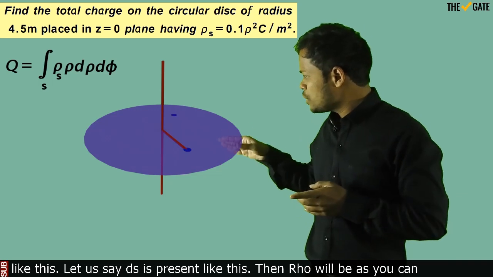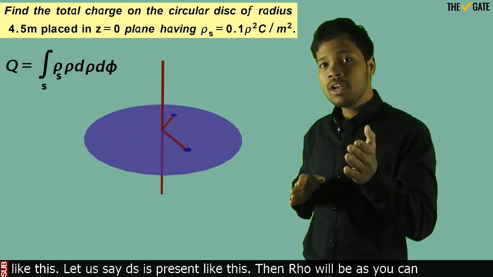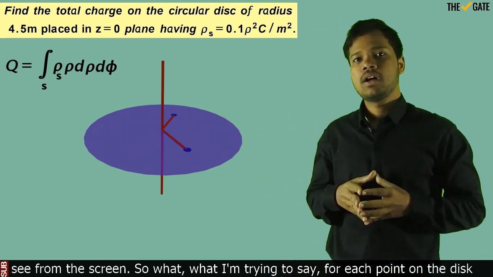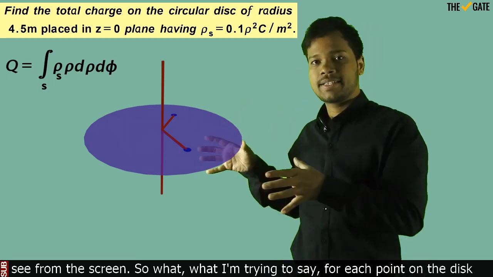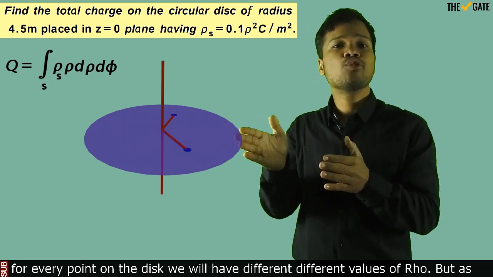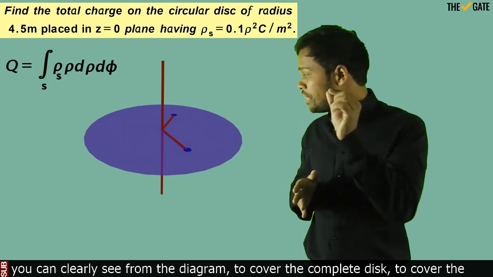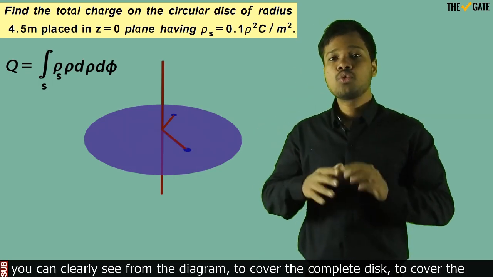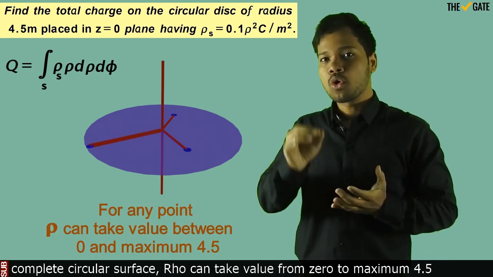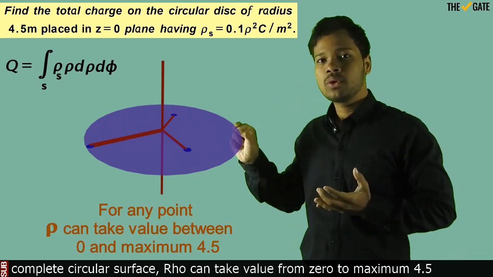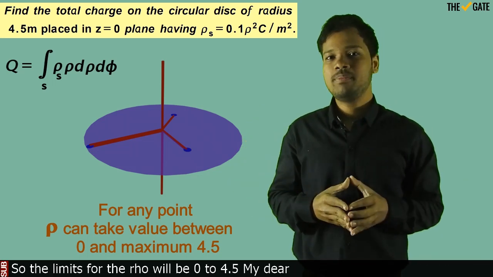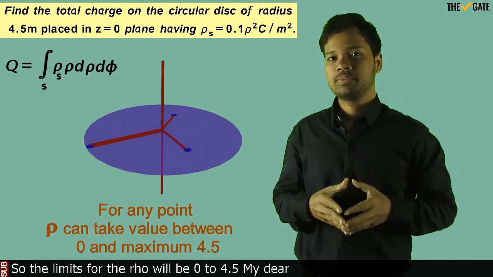Let us say ds is present like this, then rho will be, as you can see from the screen. So for every point on the disk, we will have different values of rho. But as you can clearly see from the diagram, to cover the complete circular surface, rho can take value from 0 to maximum 4.5. So the limits for rho will be 0 to 4.5.